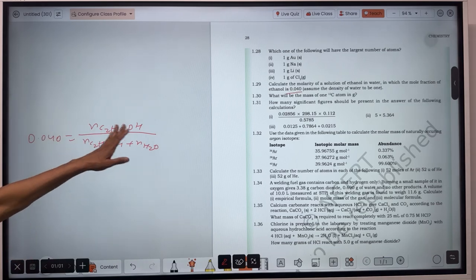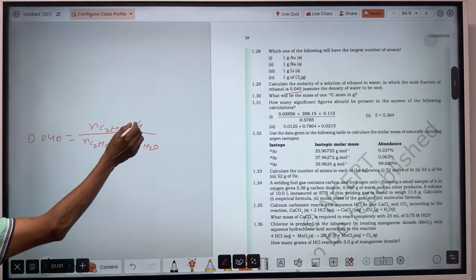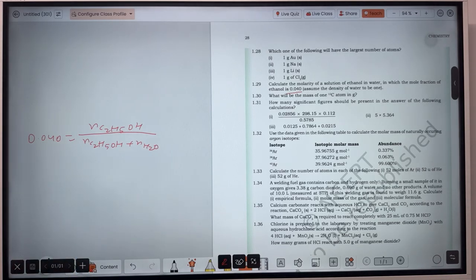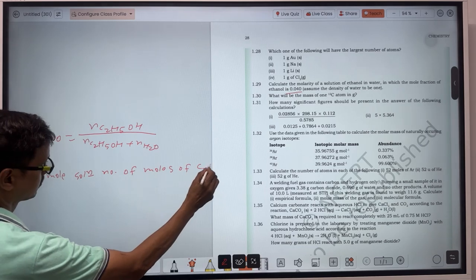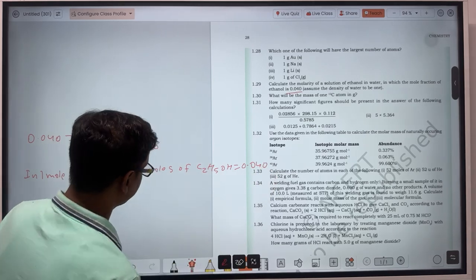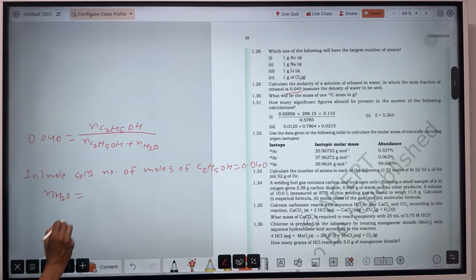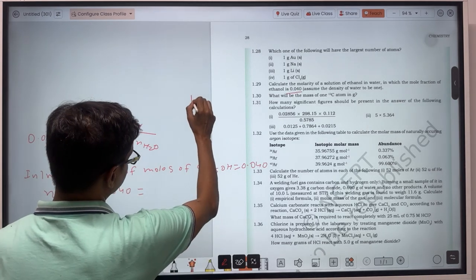So the number of moles of water will be how much? 1 minus 0.040. How much is coming?